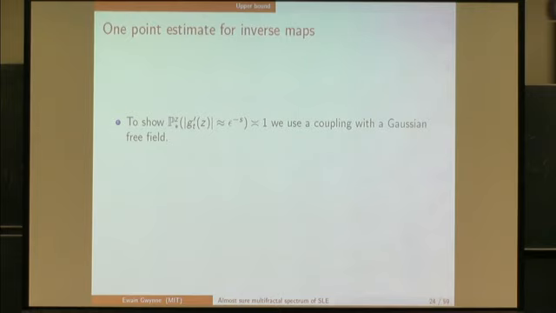So to show that the reweighted probability that g_t prime is of order epsilon to the negative s is proportional to 1, we're going to use a coupling of reverse SLE with a Gaussian free field.